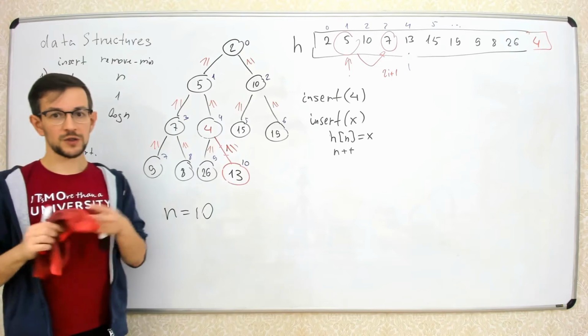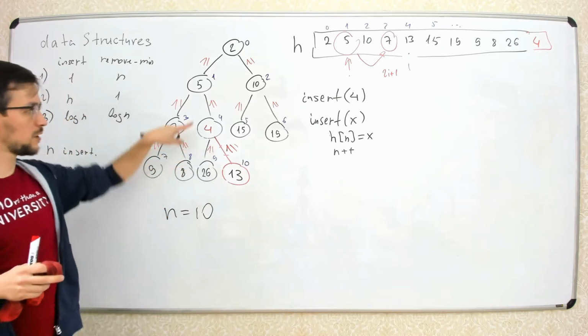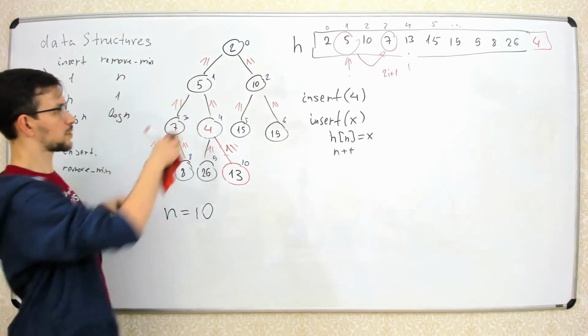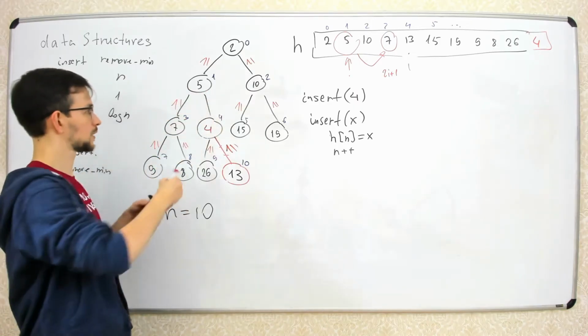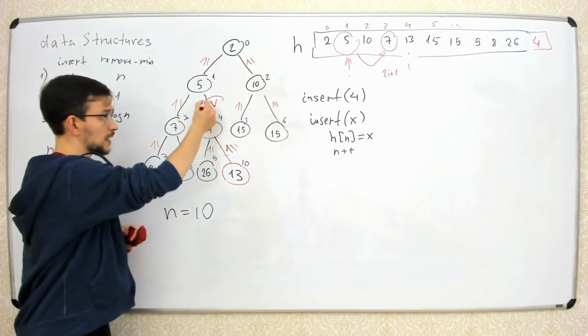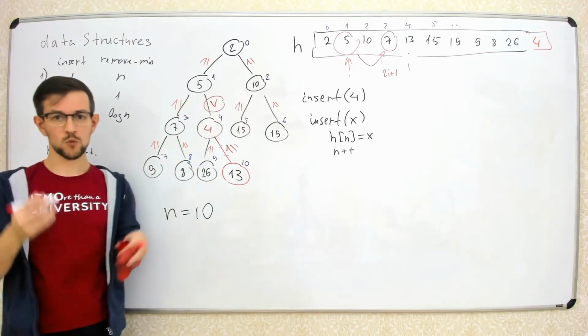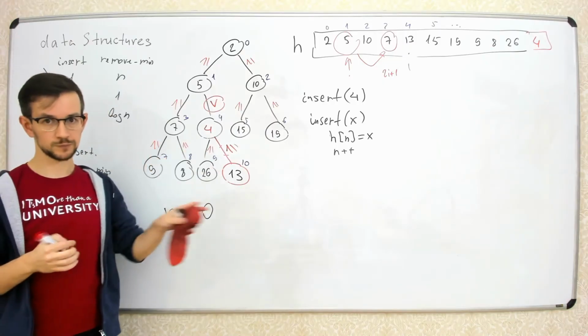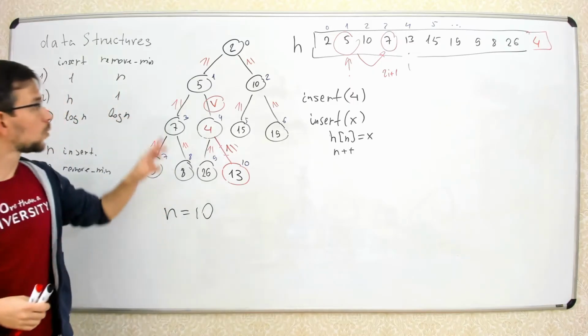So now the only broken property may be in this node. For these two nodes, we may have the broken property of the heap. Now we have this element less than this element. This is the only place in the heap where we can have a problem. All other edges are satisfied. Cool.